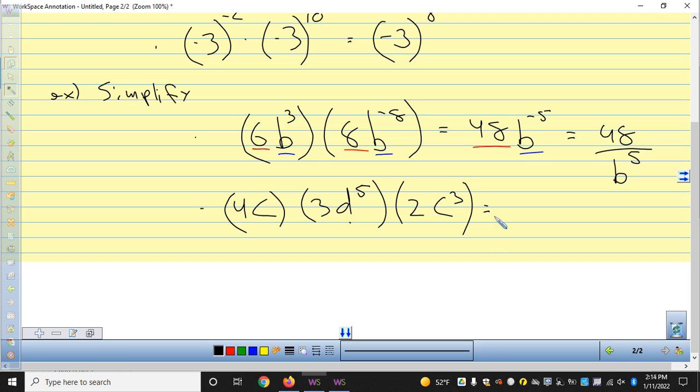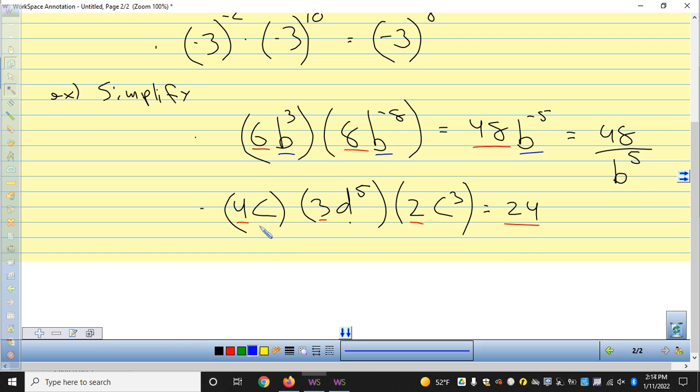We're going to do exactly what we did in the first example. First, we're going to multiply all the numbers together. Well, 4 times 3 is 12, times 2 is 24. We multiply all the numbers together.